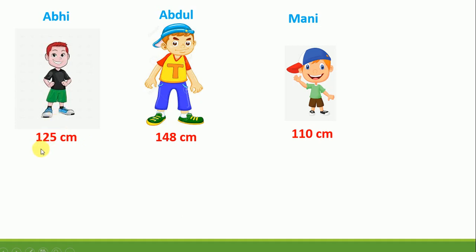Abhi's height is 125 centimeters. Abdul is 148 centimeters. Mani is 110 centimeters tall. Next to every number it is written cm. The cm means centimeter.